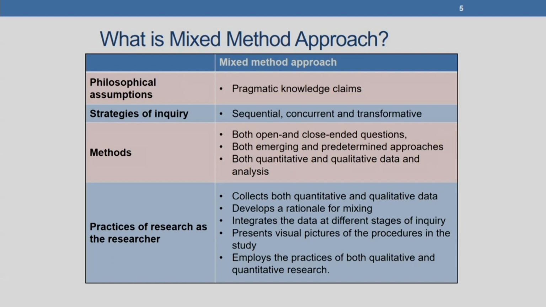Therefore, one of the things to keep in mind is that when we are employing both the strategies of collecting data and analyzing the information, it is time consuming, and therefore a lot depends upon the researcher's intent with regard to why we want to employ both quantitative and qualitative data. Therefore, developing a rationale for mixing the information is very important.